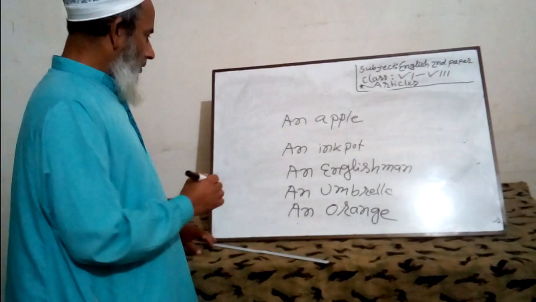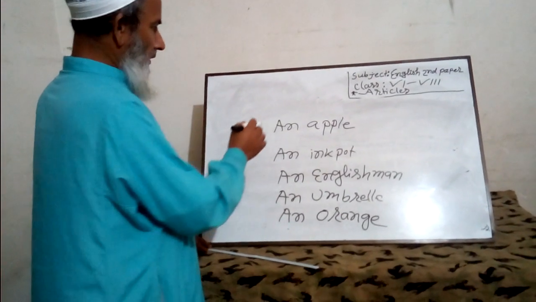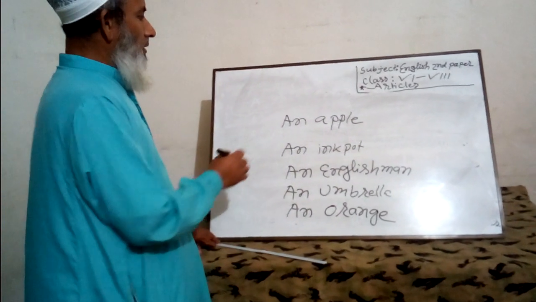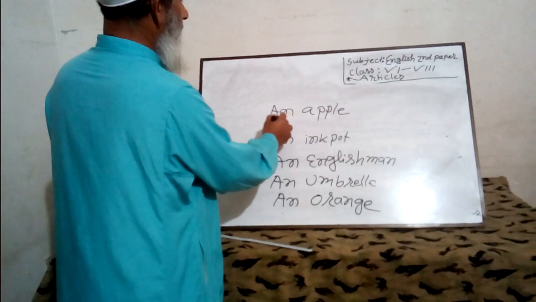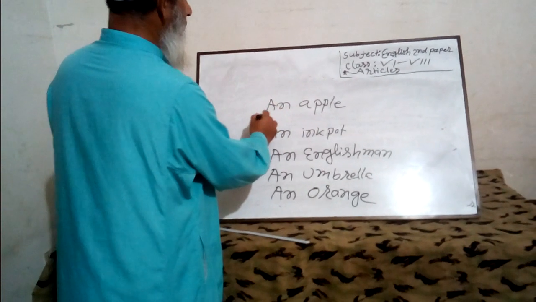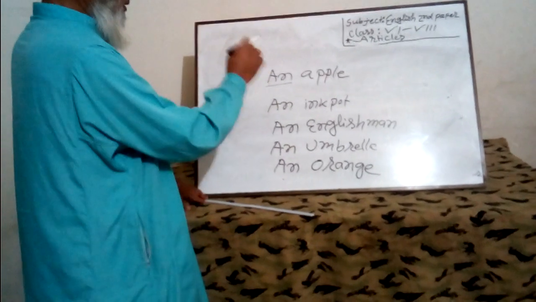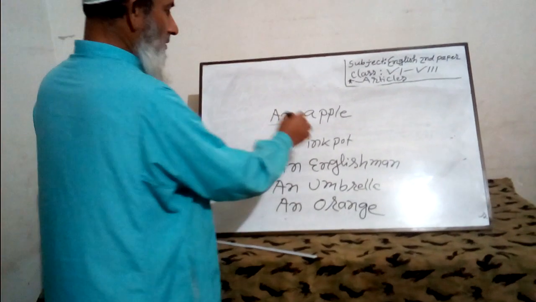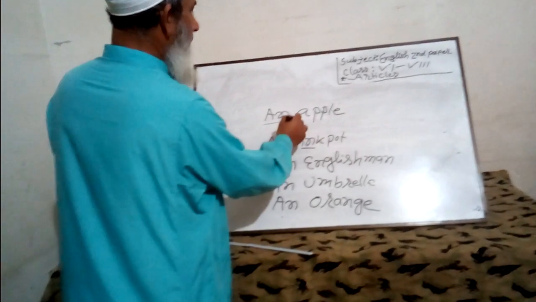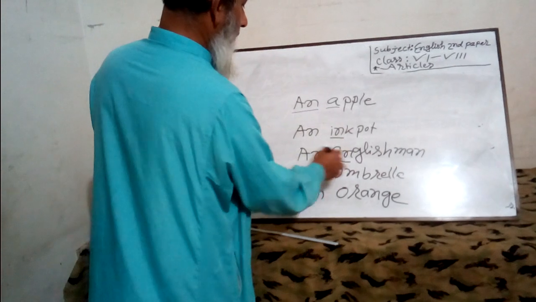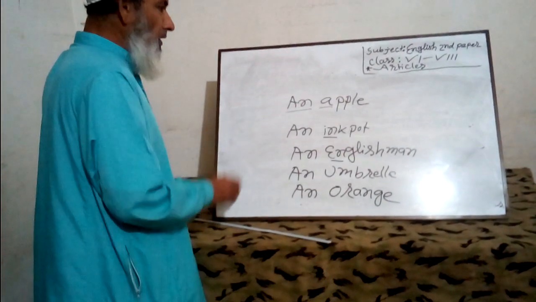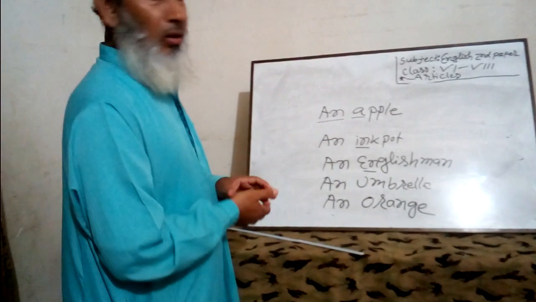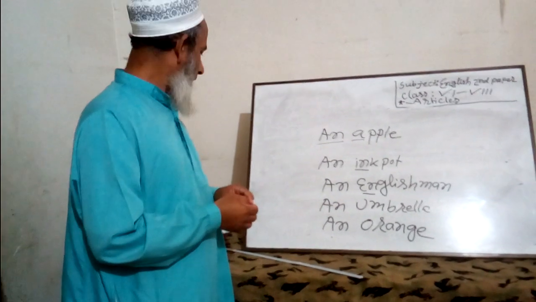So we have come to know that if a word starts with vowel, before it we use an. All these words start with vowel. The first letter is vowel, so we use an. So dear learners, these are the general rules of using indefinite articles.